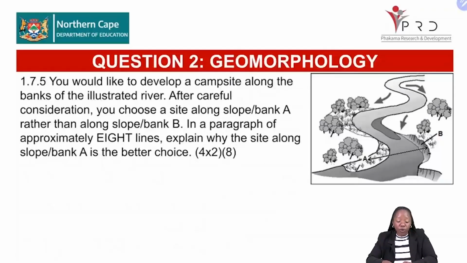Then our next question, you have your paragraph question. In our paragraph question, you would like to develop a campsite along the banks of the illustrated river. After careful consideration, you choose a site along the slope or bank A rather than along the slope or bank B. In a paragraph of approximately 8 lines, you explain why the site along slope or bank A is much better.